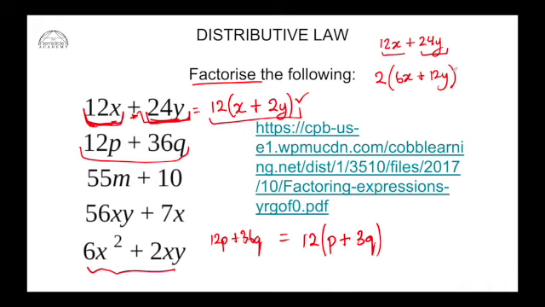But even though it's mathematically correct, it's still considered not good. The reason why it's not good is because when you pull out the 2, you still have these two terms with common factors inside of here.